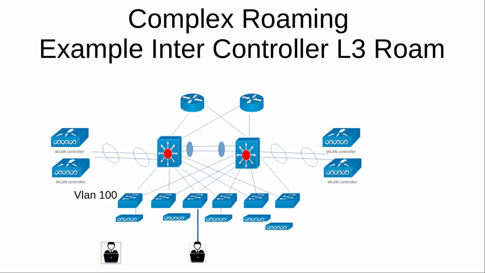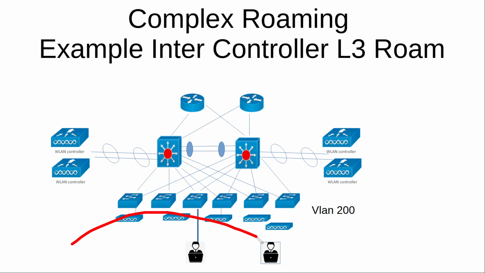There are other traffic patterns that we have in traditional networks. For instance, remember what happens with inter-controller layer 3 roaming. With this type of roaming, a user has moved to a part of your network that no longer can support the original IP address that this user acquired.